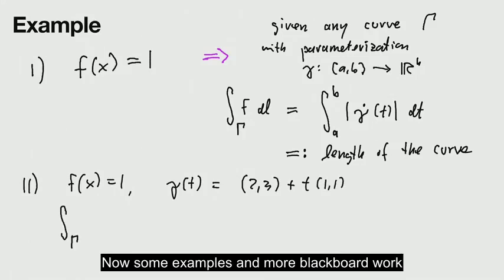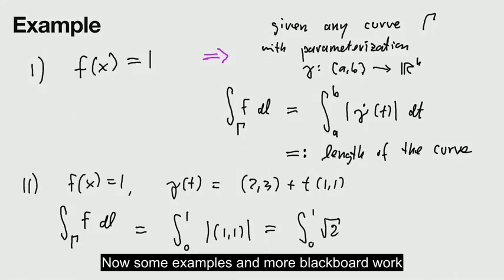Then we integrate f over gamma, and that curve integral goes from 0 up to 1, and the speed is just the length of this vector (1, 1). We integrate from 0 to 1 the square root of 2, which of course gives square root 2, which just happens to be the length of the straight line between the points (2, 3) and (3, 4).